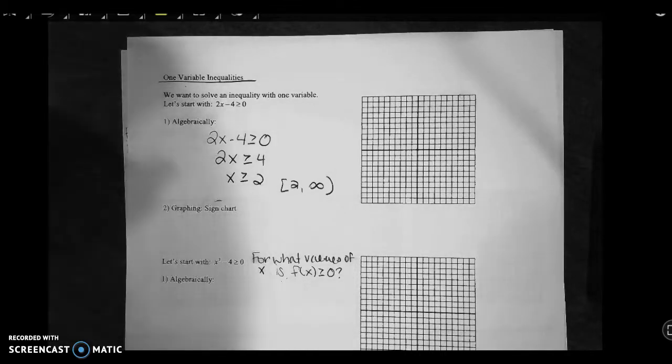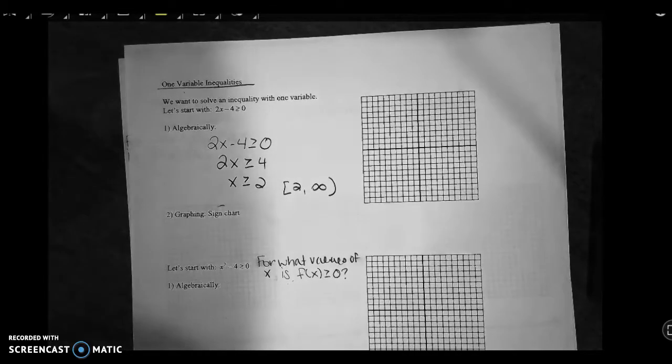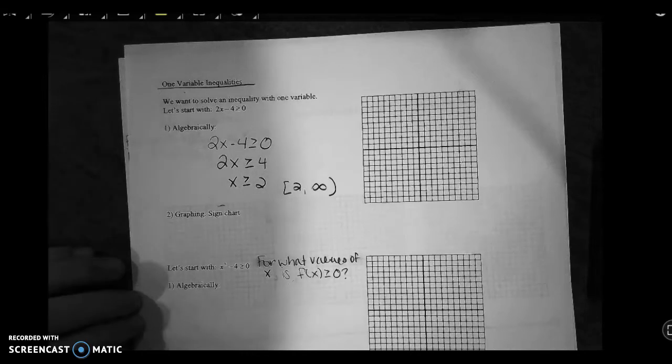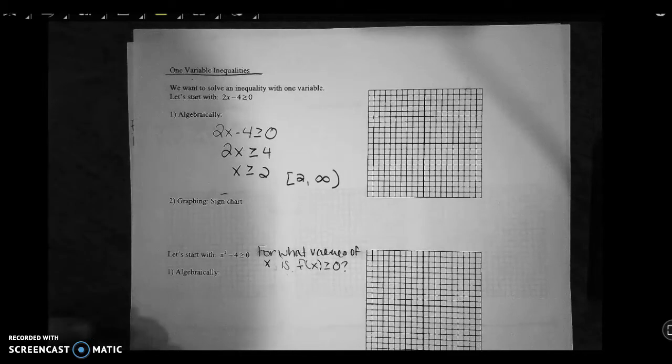Now, the thing is, we want to know what in the world does this actually mean graphically. We've talked a lot in our class about how every equation can be solved graphically. When you're taking an equation that's set equal to 0, we know that we're looking for x-intercepts. Well, what about an inequality where we have a function that's greater than or equal to 0?